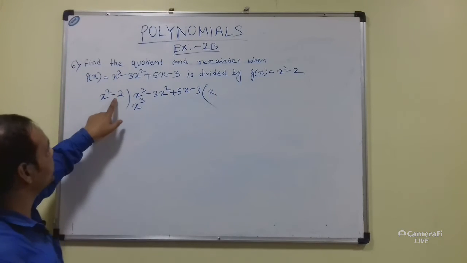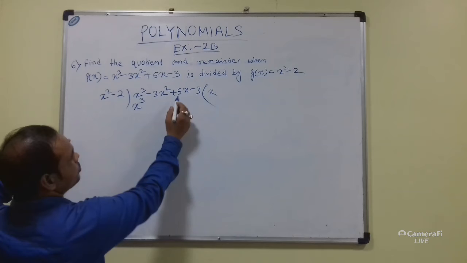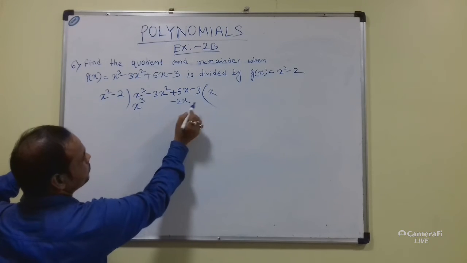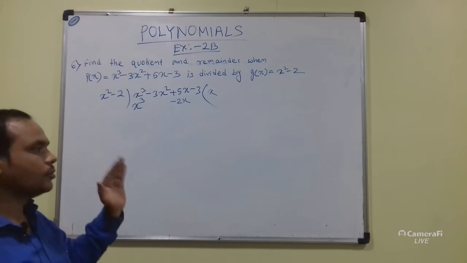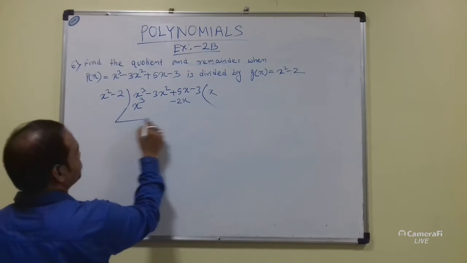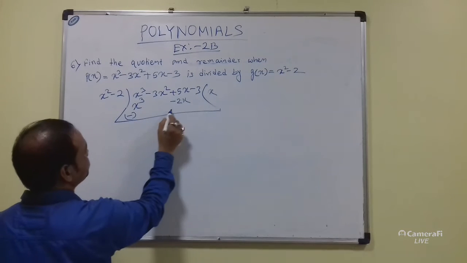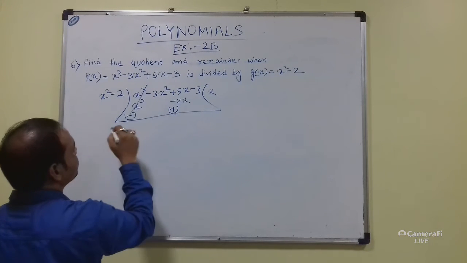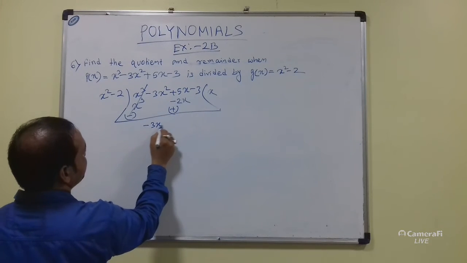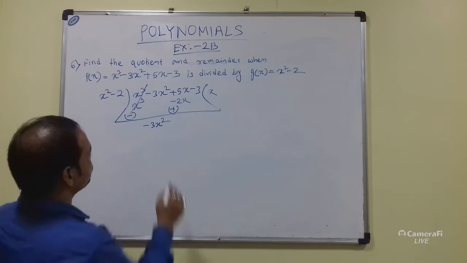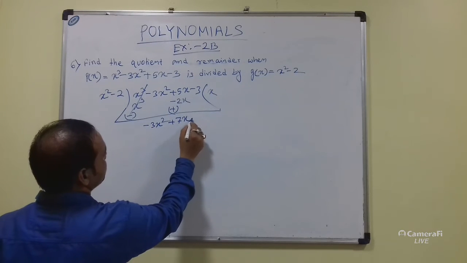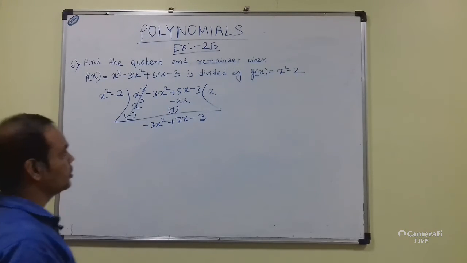So x multiply minus 2 is minus 2x, so you have to write 2x. Okay, so now subtract, so it is minus 3x square, and 5x plus 2x is 7x minus 3.